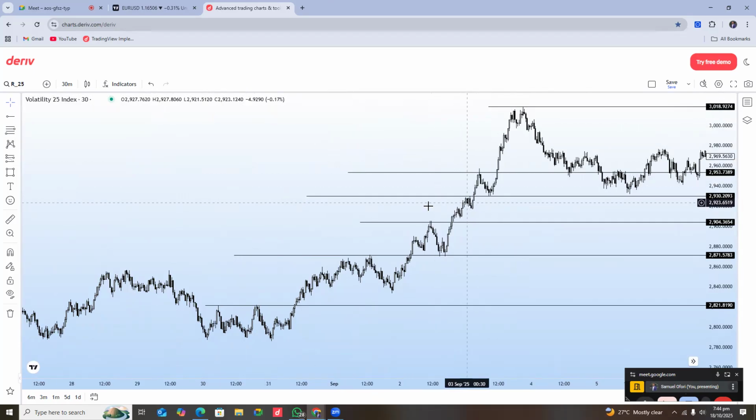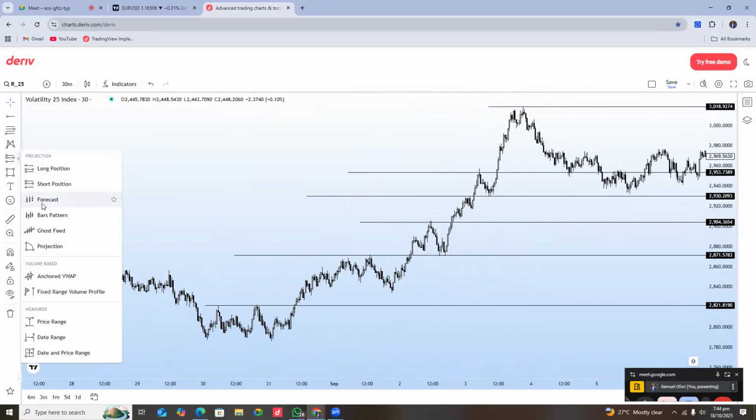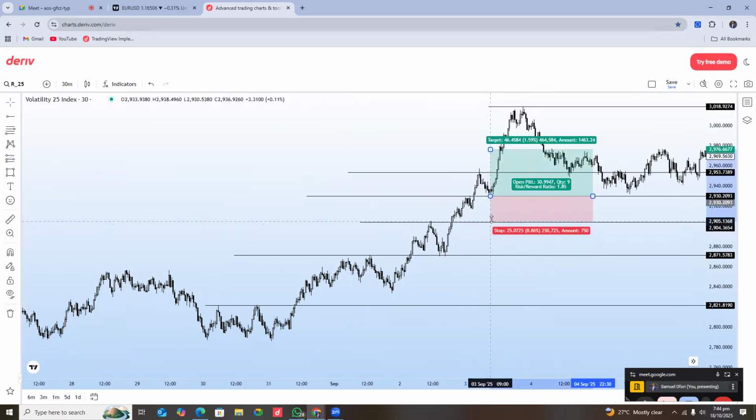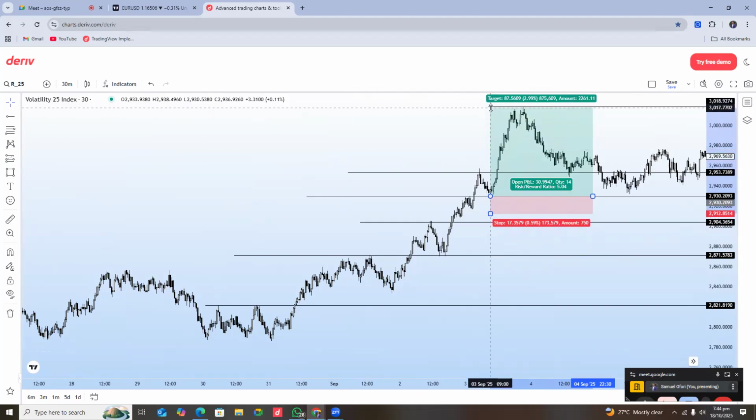So just like we have learned, there was a perfect entry here. There is a break, a retest, so you can enter here. If you enter here, this is the previous higher low. So our stop loss will be here. Then our targets can be up here. Okay, so how do we do that? Long position, we enter here with our stop loss below this, and then I'll take profit somewhere here.